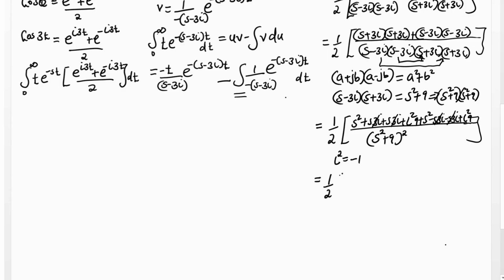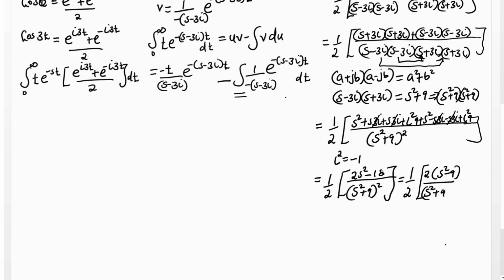So we remain with a half into s squared plus 9 squared, which is our denominator. Our numerator will be s squared plus s squared, which is 2s squared, minus 18, which is negative 9, negative 9. So our equation becomes a half. We can factor out 2 in our numerator, so we have 2 into s squared minus 9 all over s squared plus 9 squared.